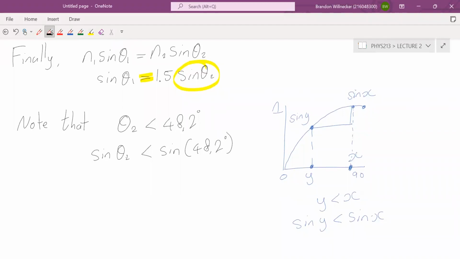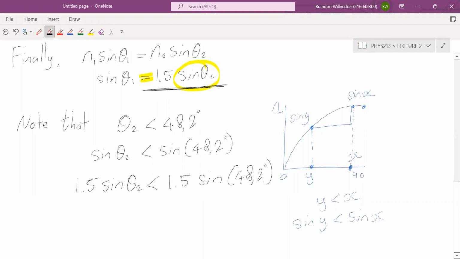Okay, so we multiply both sides by 1.5 because we're trying to get this. So 1.5 sine theta 2 is less than 1.5 sine of 48.2 degrees. Okay, good. So 1.5 times the sine of theta 2 is less than 1.12. Okay, so it's less than 1.12.